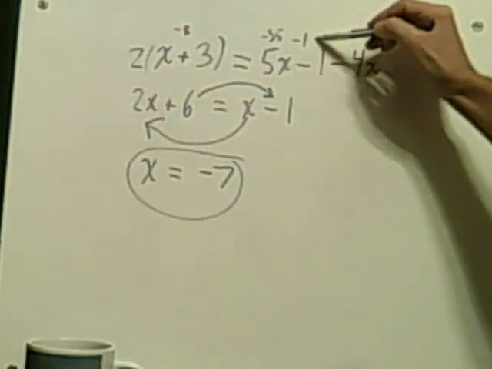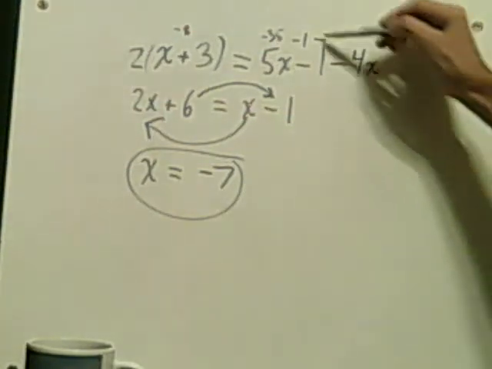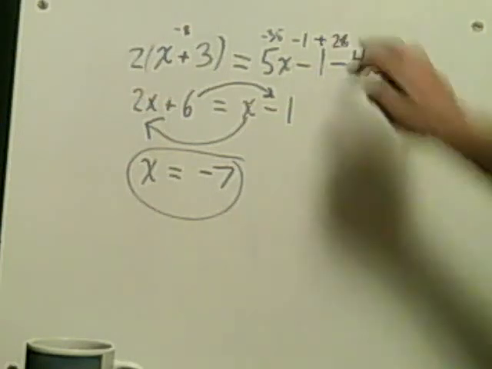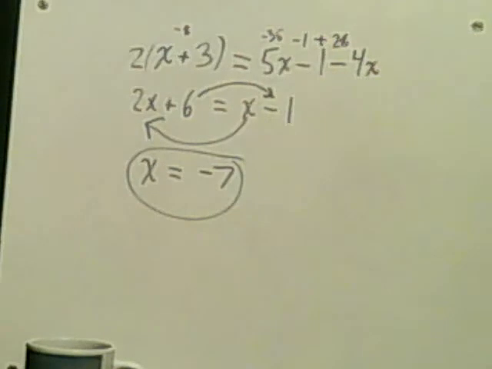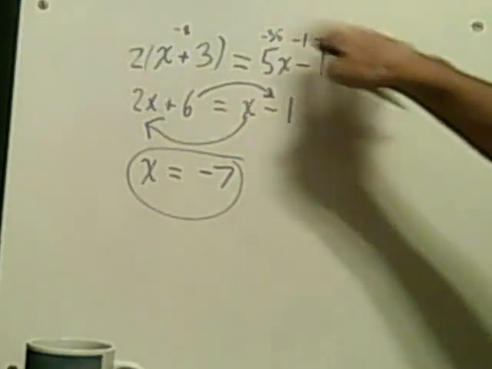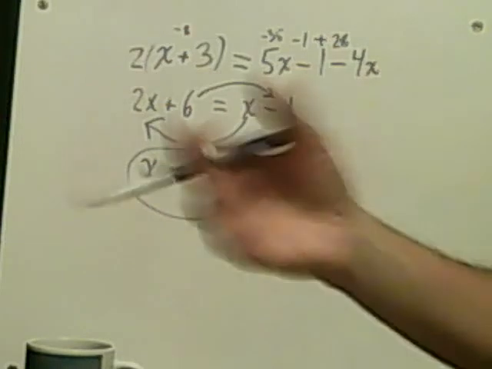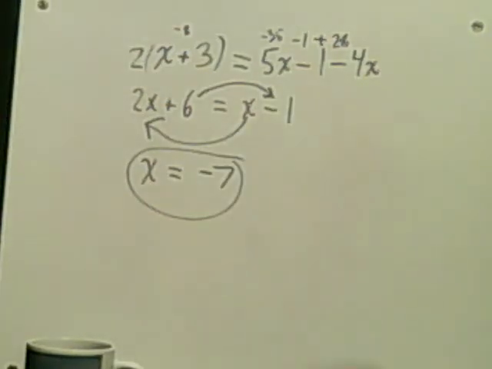Negative 1. This would be a negative times a negative, or plus 28. So negative 36 and plus 28 is minus 8. So if I plug back in, I can show that that actually is the correct answer.